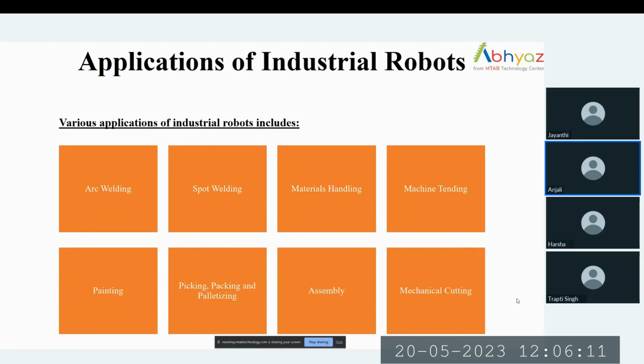In this, it joins two contacting metal surfaces by directing a large current through the spot, which melts the metal and forms the weld in a very short time. It is also used in material handling for transferring objects from one point to another. And it is also used in painting operations for increasing the quality and consistency of the product.